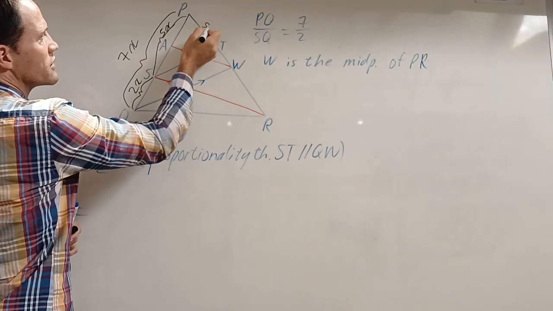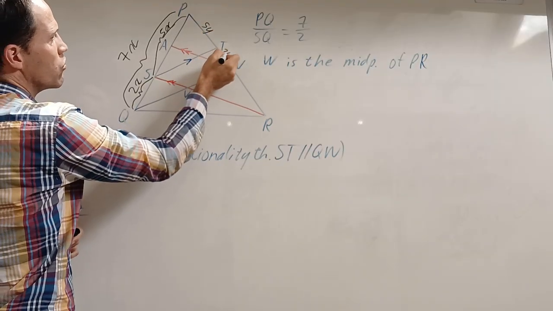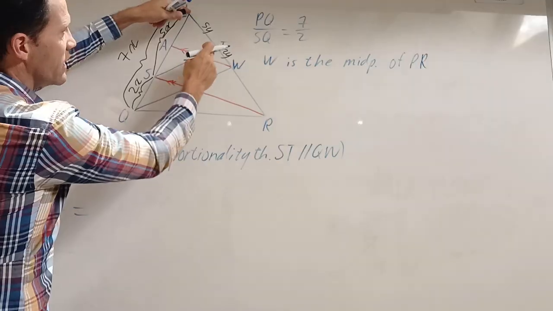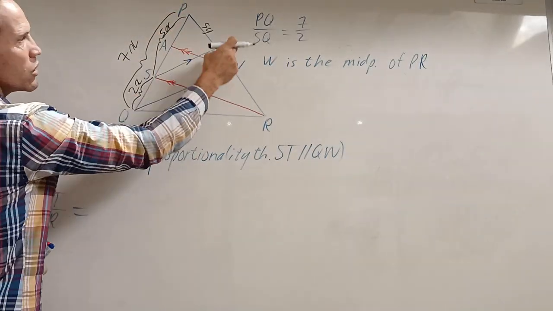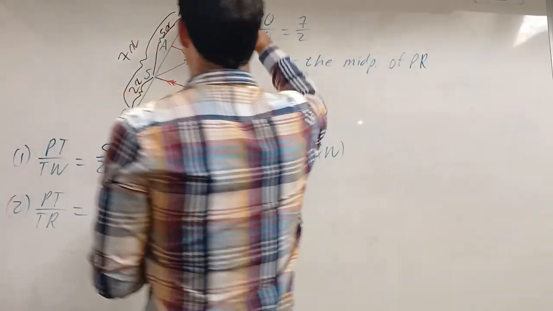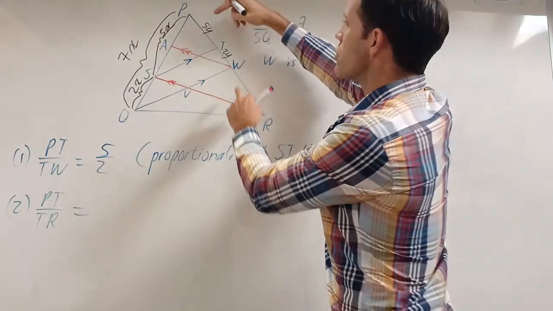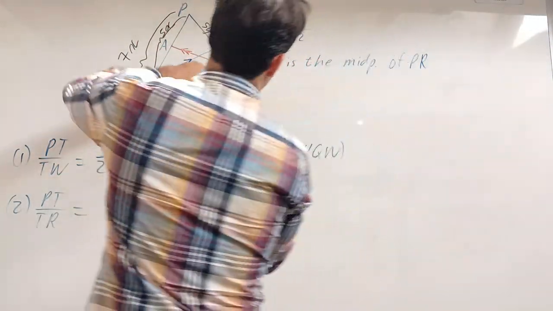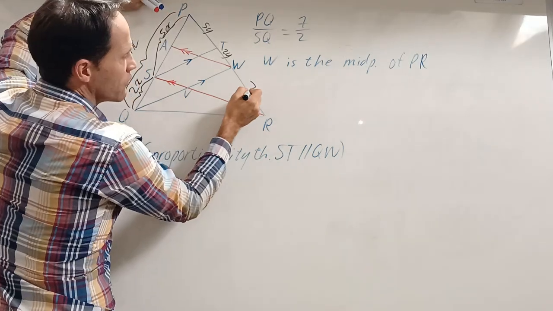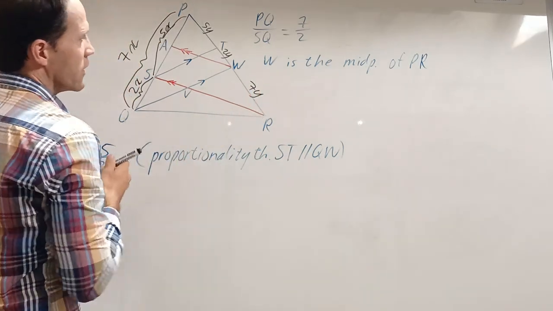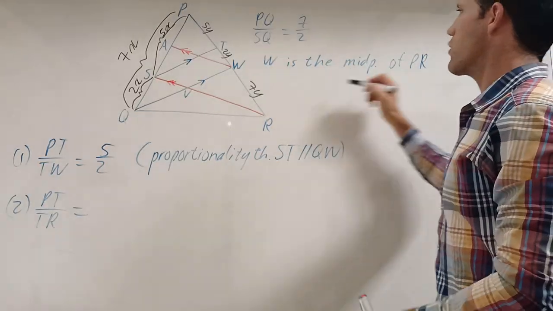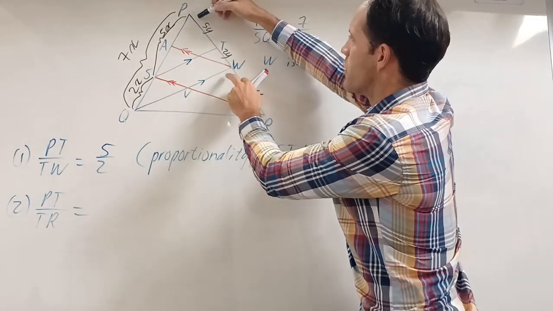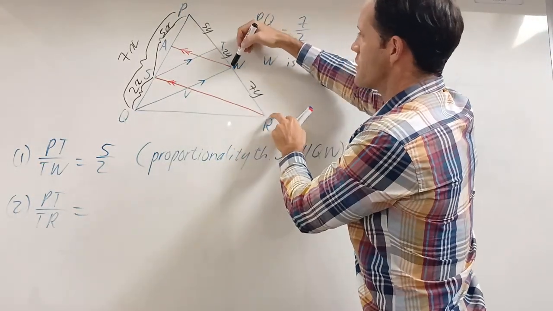So this time we're going to call it 5y and 2y, to show that the ratio is 5 over 2. We call it y now because again, we're not sure what the distance is. So the total for this is 7y, which means the total for this part will also be 7y, because W is the midpoint of PR. If this part is 5y and 2y, then this part is 7y.